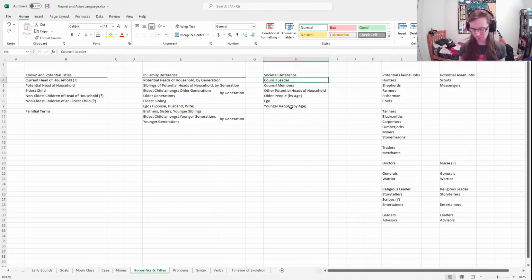So with that in mind, you would be addressing most people as being younger than you anyway. Now, for the council members, they would definitely use just the formal with them amongst themselves.